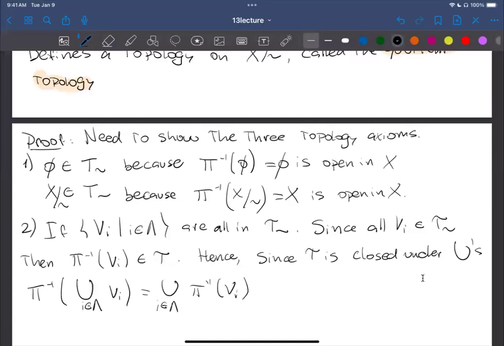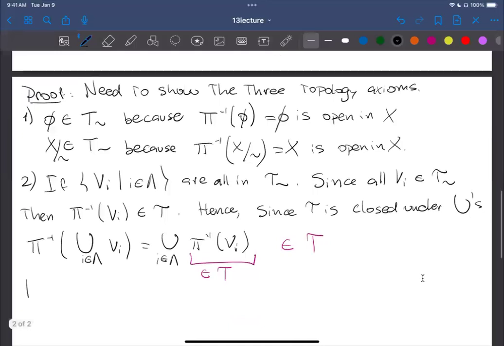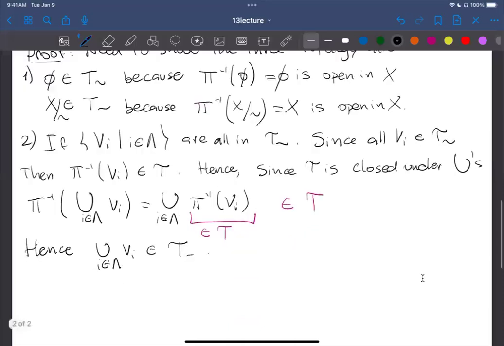And we're saying each of these lives in T, so also the union lives in T because T is closed under unions. And by definition of the tilde, that means that the set here also lives in T tilde because the preimage under phi lives in T. Okay, that's the second axiom.